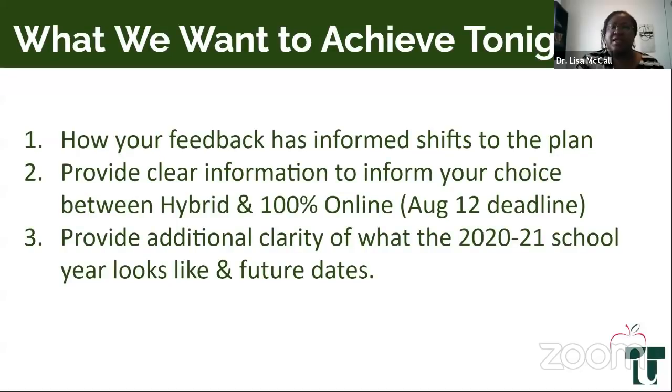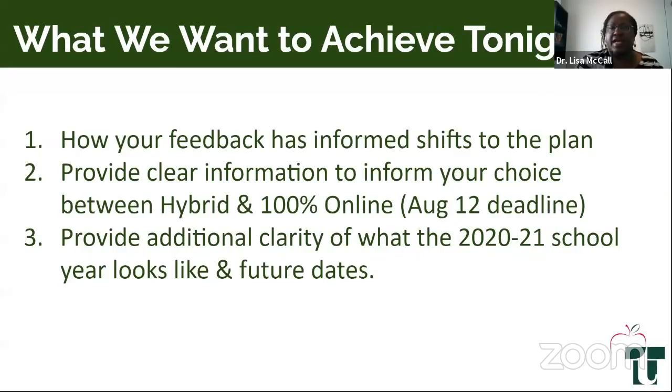So there's 3 big topics we want to achieve tonight, and here they are. First, we want to share with you how your feedback has informed shifts to our plan.